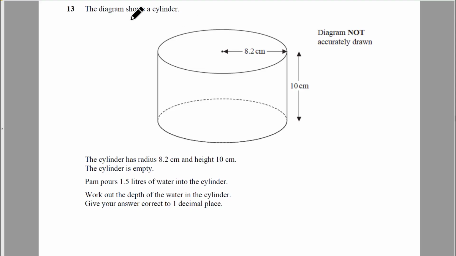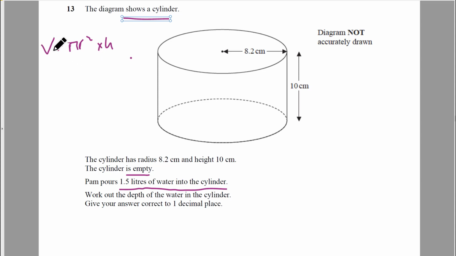Question 30. Okay, so we've got a cylinder, some dimensions, and it's empty. And it's 1.5 litres of water into the cylinder. So, first step is to know that the volume of a cylinder is pi r squared times height.